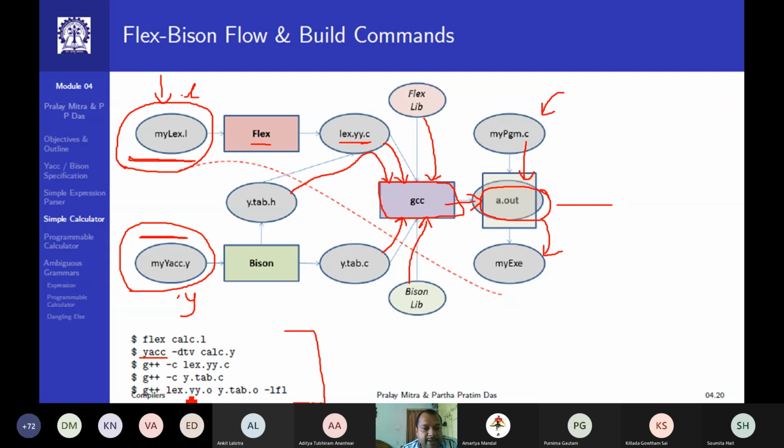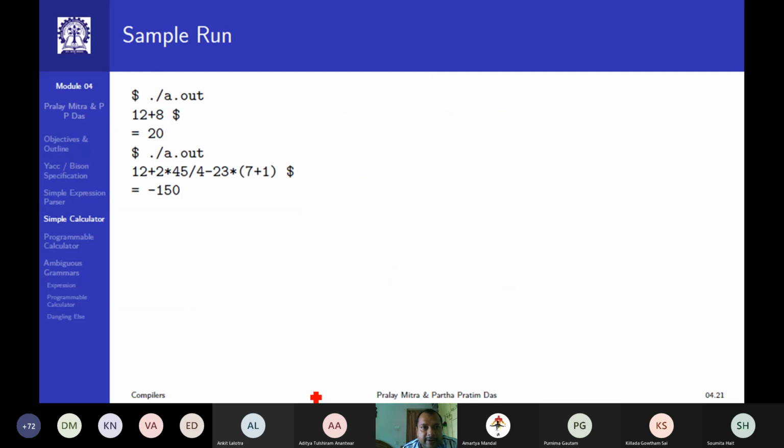Finally you combine lex.yy.o and y.tab.o with -lfl. Regarding this flag, I am including it for the Flex and Bison library. It may vary from system to system. Please check which is good for your system and include accordingly. So that is in general the Flex Bison flow and the build command.